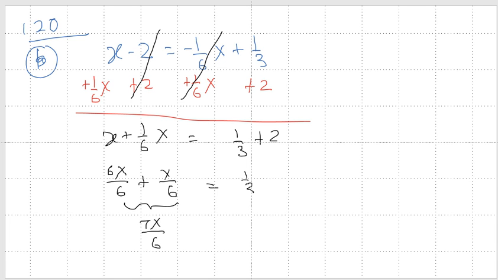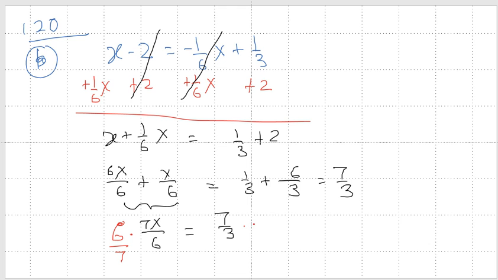This equals 1/3 plus 2. How can I write 2 with thirds? Well, it has to be 6 over 3, correct? 6 over 3 is 2. So this equals 7/3. So 7x over 6 equals 7/3. Now how do you solve this? Well, multiply by the reciprocal, because we want to isolate x. So you multiply this by 6, and you want to divide by 7.